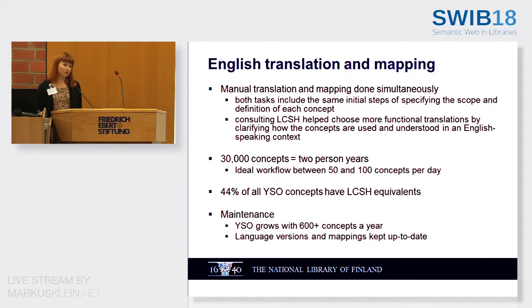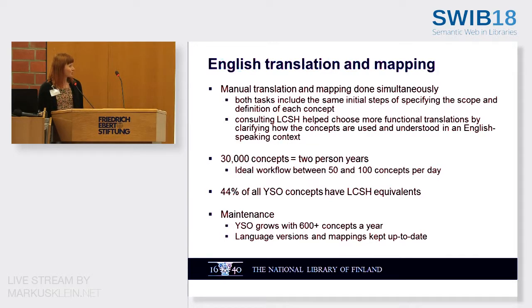And for the 30,000 concepts, it took about 2 person years, but that included everything from the initial planning phase to the finish line. The ideal workflow seemed to settle somewhere between 50 and 100 concepts per day, depending on how difficult the ones were that you were dealing with on each particular day.